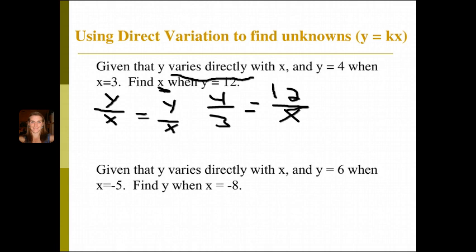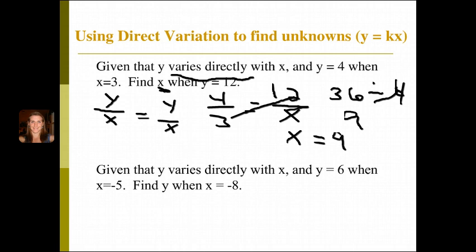So what I do is multiply the two numbers that are across from each other, which is 3 and 12. So that will give me 36. And I always divide by the number across from the variable. So that is 4. So 36 divided by 4 will give me 9. So x equals 9.